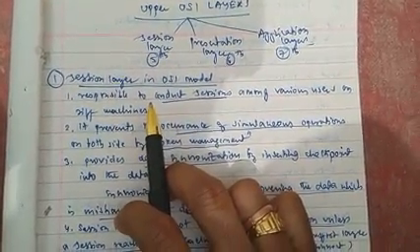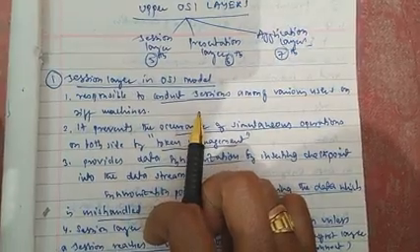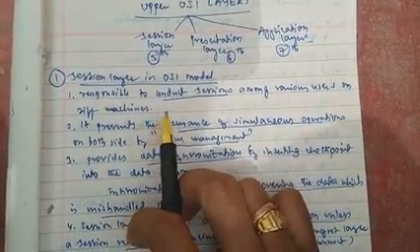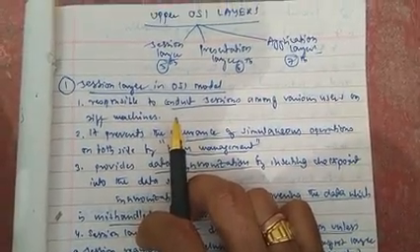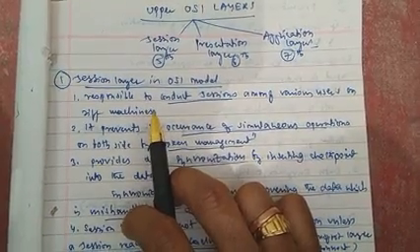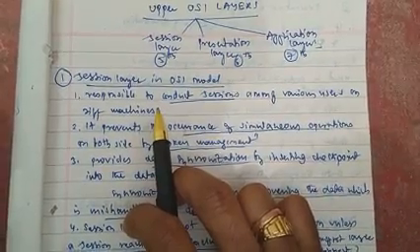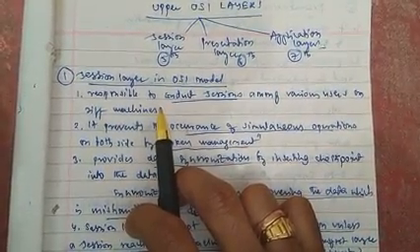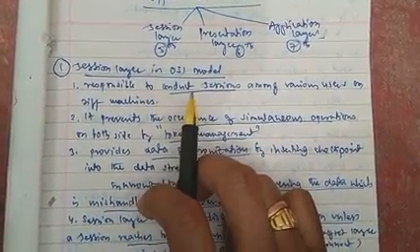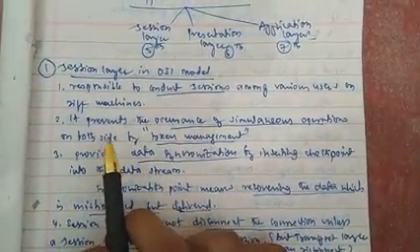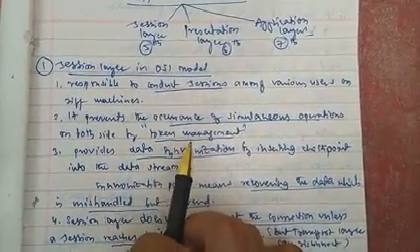The session layer in the OSI reference model is responsible for conducting the sessions among various users on different machines. That means whenever you are communicating through different types of machines in a network, the session layer conducts the sessions. Sessions here means they will conduct for some period of time, they will allocate some tokens for communicating with each other, and it will also prevent the occurrence of simultaneous operations on both sides by token management.